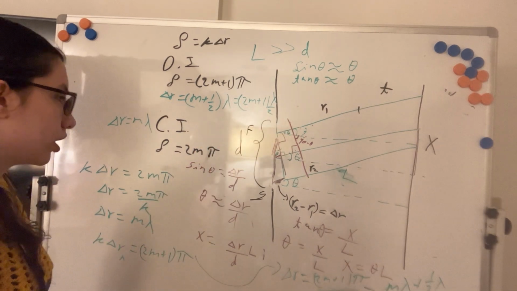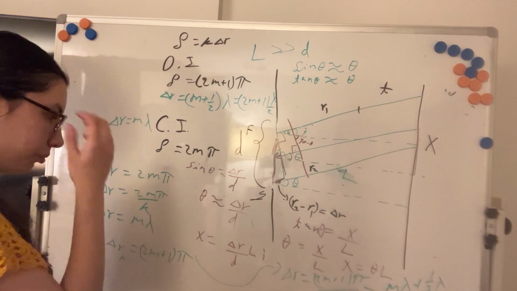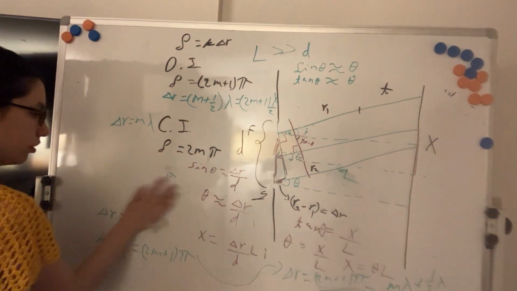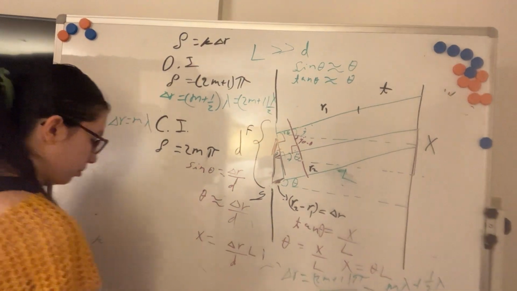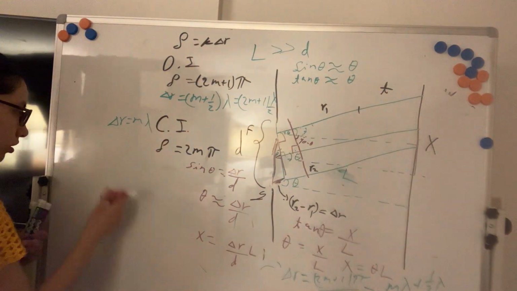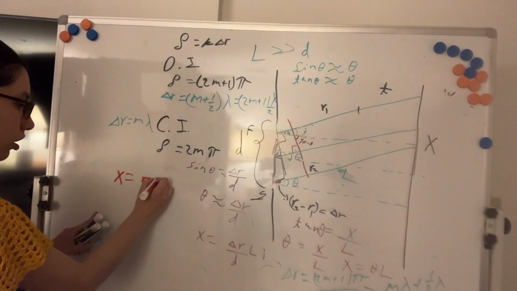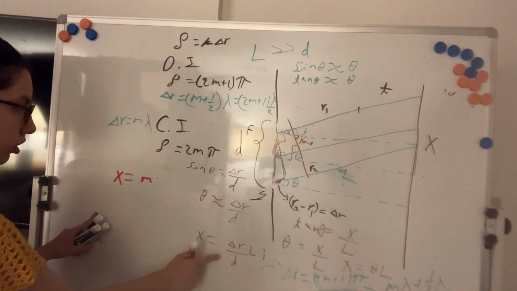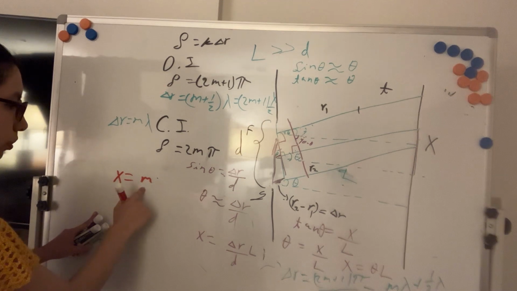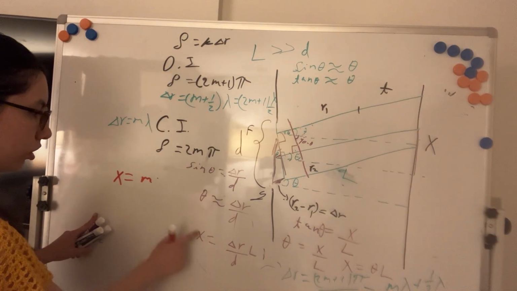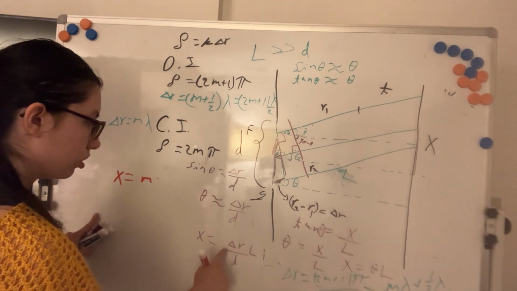So now x for constructive interference would be, tangent, yeah, I did it right.